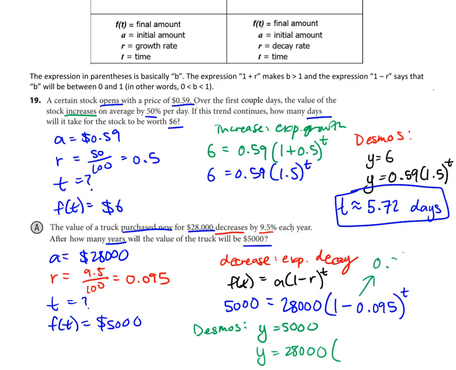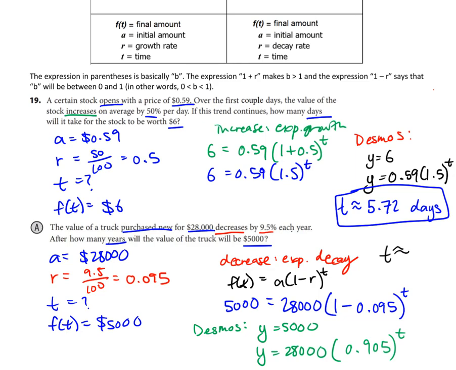This is going to be 0.905. So I'm just going to go ahead and write this here. So this is going to put 0.905. And we're raising this to the power of t. Okay, so what we want to do with this is we're going to go ahead and calculate what time is.